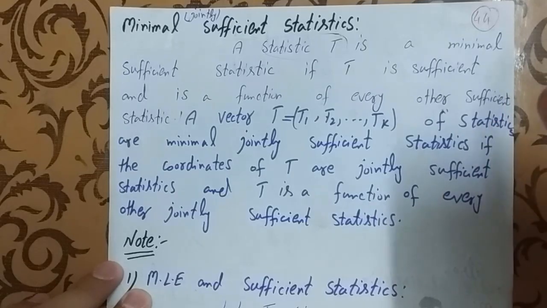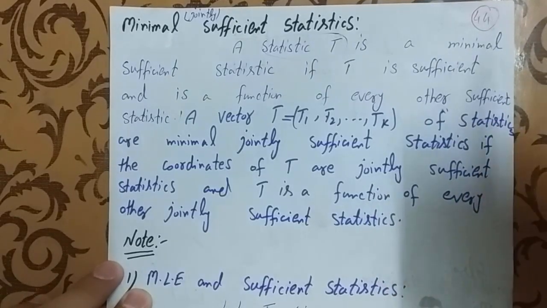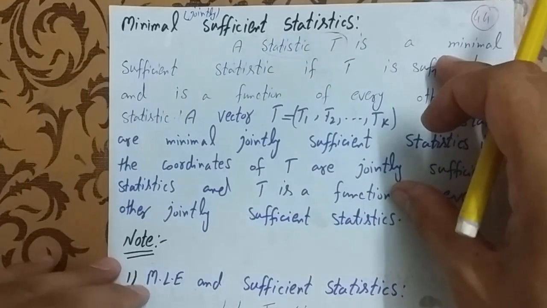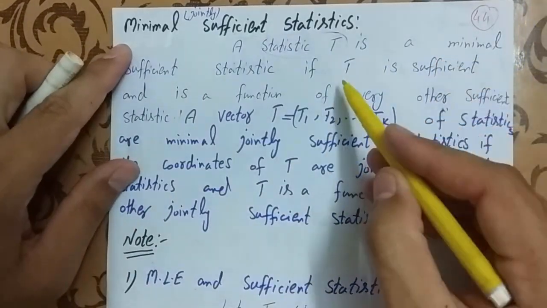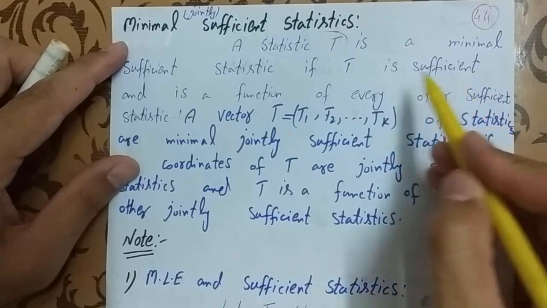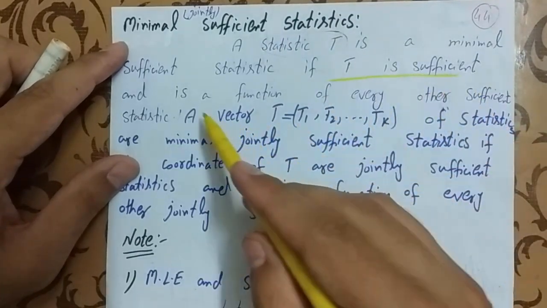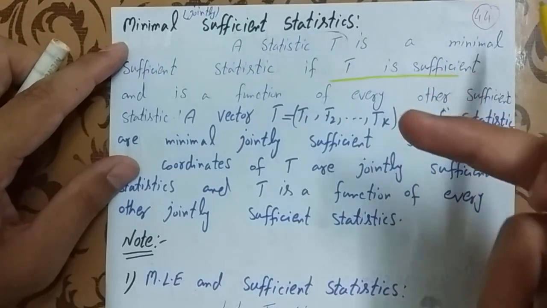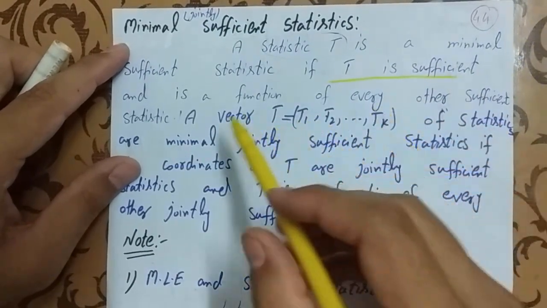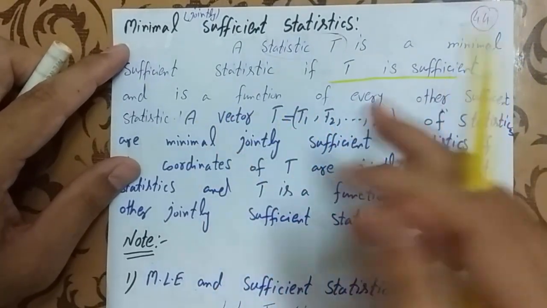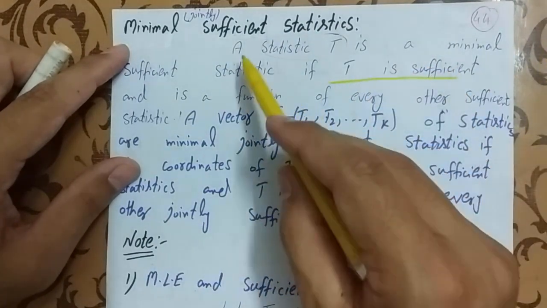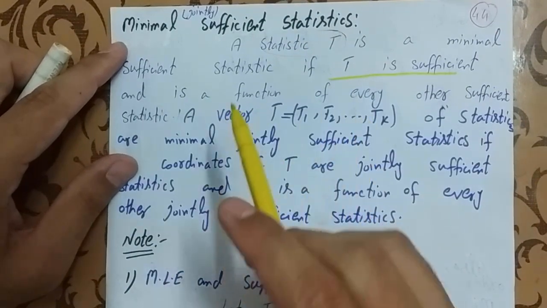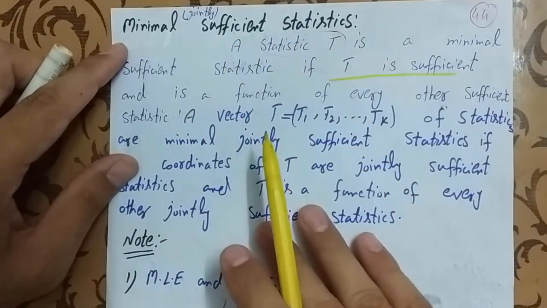We here discuss only the single minimal sufficient statistic. If T is sufficient and is a function of every other sufficient statistic, then we say it is a minimal sufficient statistic. Now we discuss minimal jointly sufficient statistics.